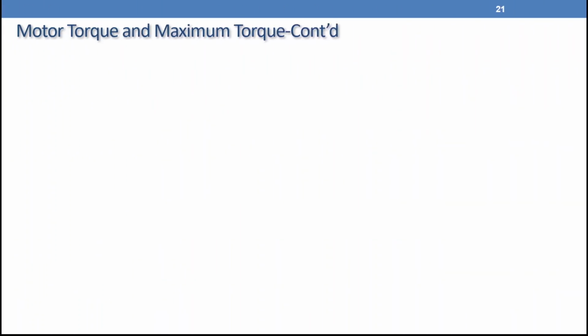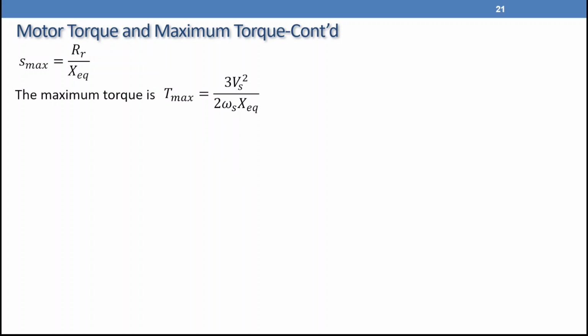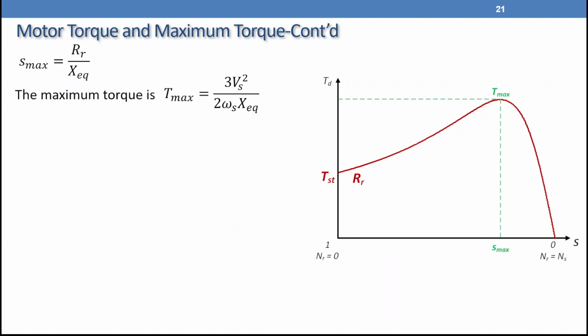Let's look deeply at S maximum and torque maximum when the stator resistance is neglected. So S maximum equals R rotor over X equivalent, and torque maximum equals 3V phase square over 2 omega S X equivalent. So in the torque speed characteristics, as we can see here, at a specific R rotor we have S maximum, and we calculated T maximum here at a certain S maximum.